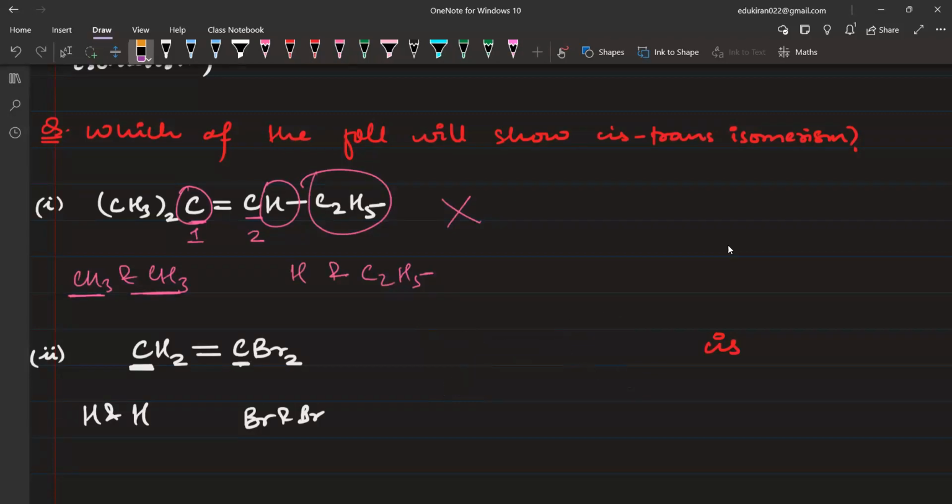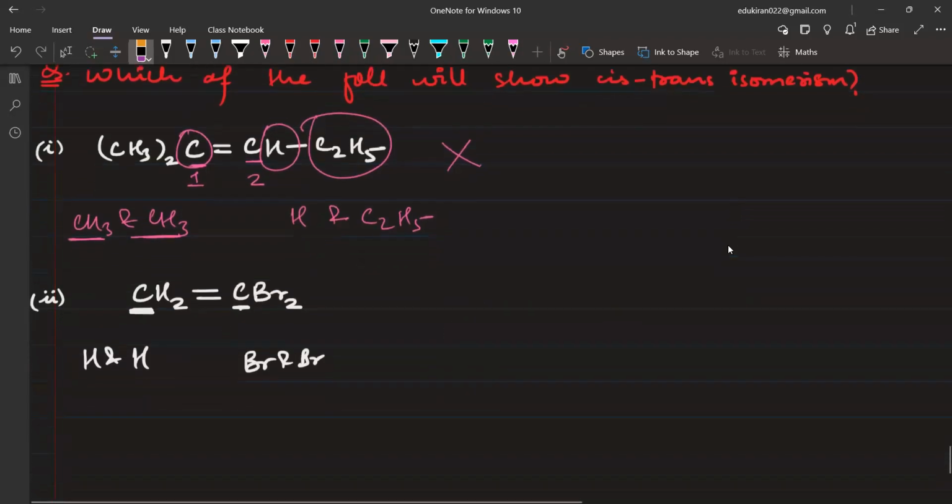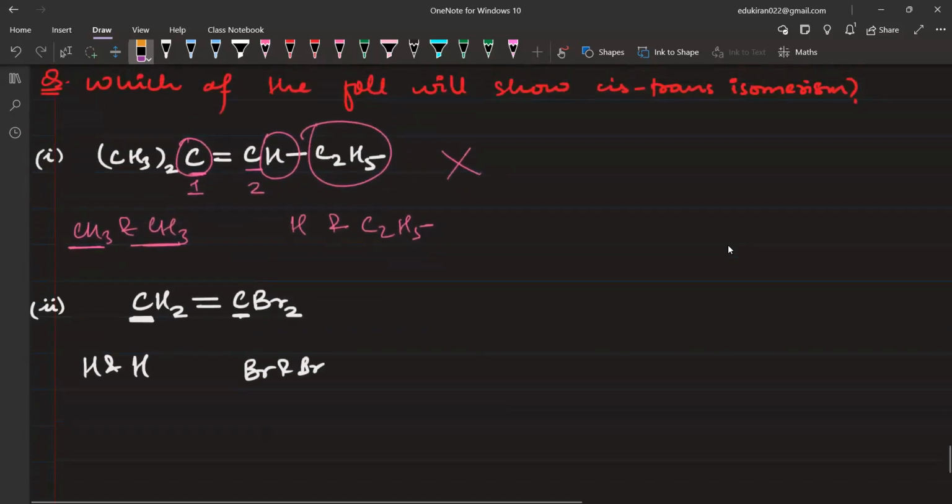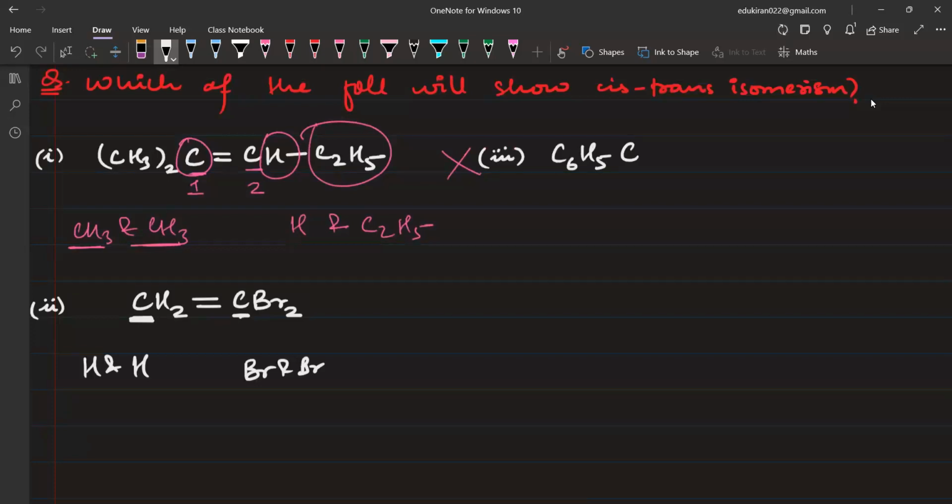ठीक है, ये सिस और ट्रांस आइसोमर देगा ही। बट फॉर एग्जांपल इफ यू हैव दिस द थर्ड वन, ठीक है, अब बताइए, देखिए which carbon atom is having double bond, this carbon atom is having double bond। ये बताइए what are the groups attached here, क्या है?